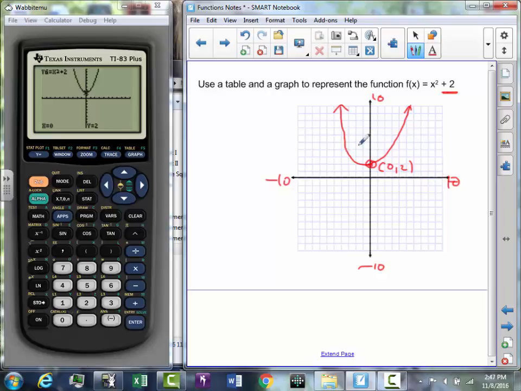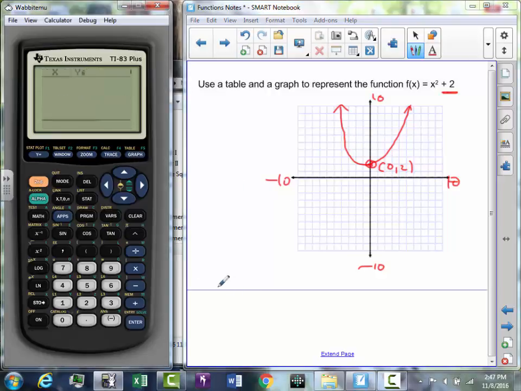So, since there's only 1 point on this graph, I wouldn't give you full marks here because I want a few more points. I don't really care which other ones you give me, but find some other points to label. So I would just go to the table of values. Here's my table set.